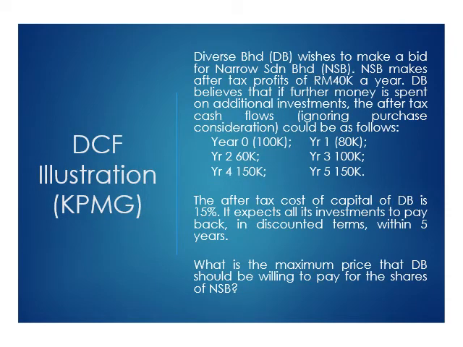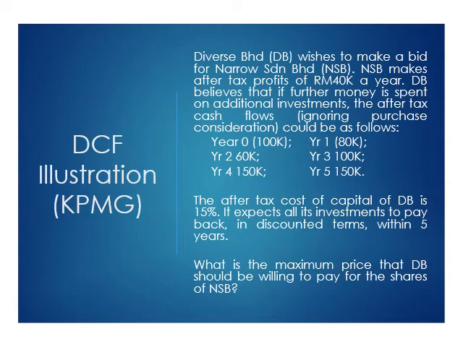Let us look at this example. In this example, Diverse Berhad, henceforth DB, is trying to bid for Narrow Sendian Berhad, henceforth NSB, where the latter makes 40,000 ringgit a year worth of after-tax profits.